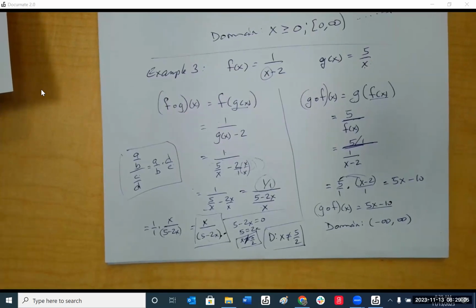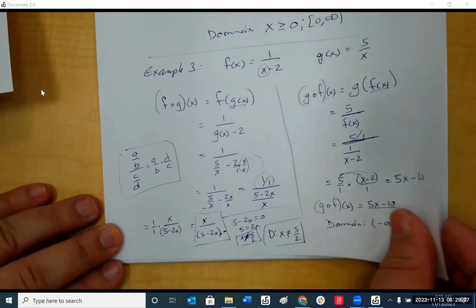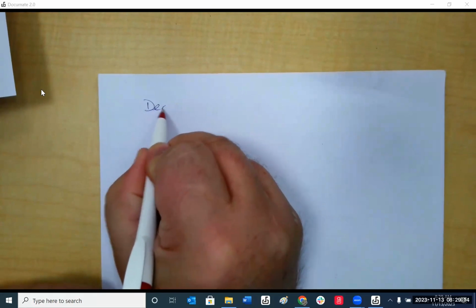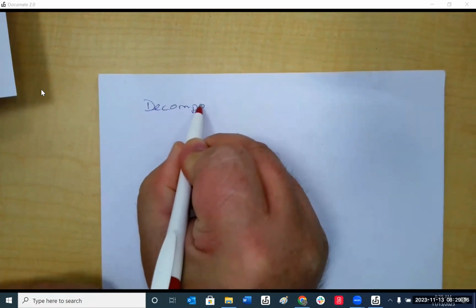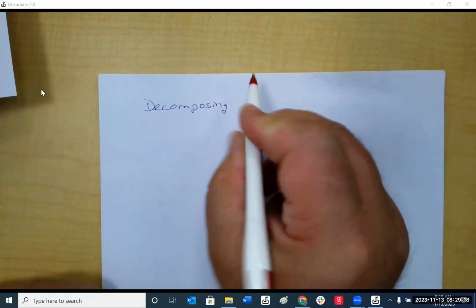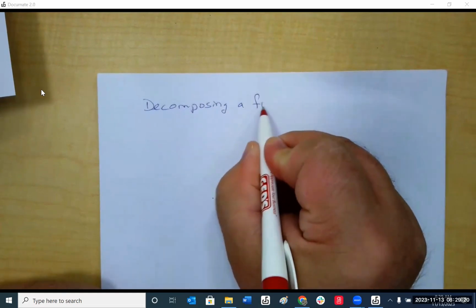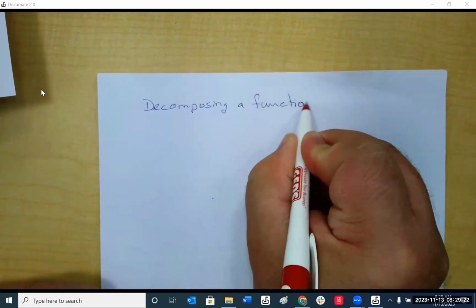Let's go backwards now. Let us decompose our functions. Decomposing a function.